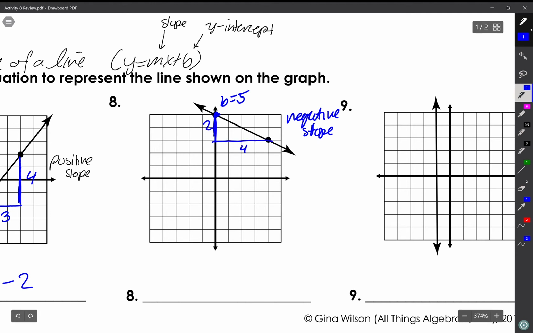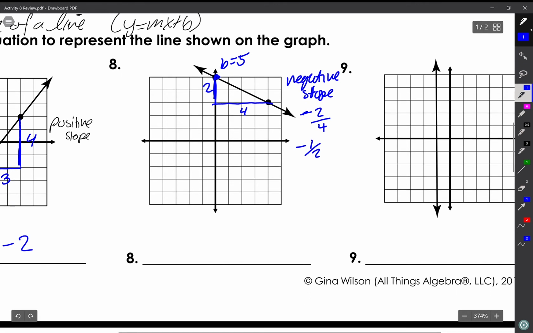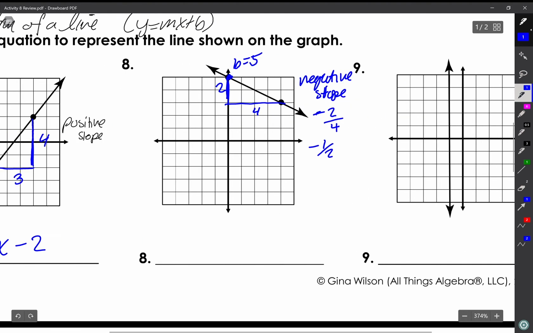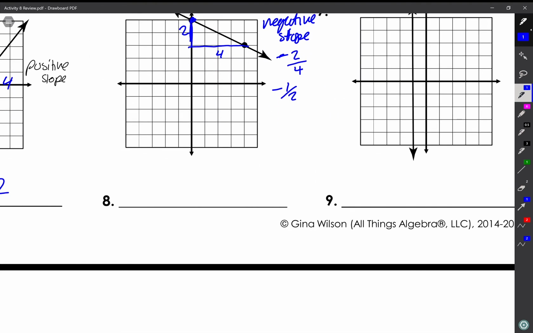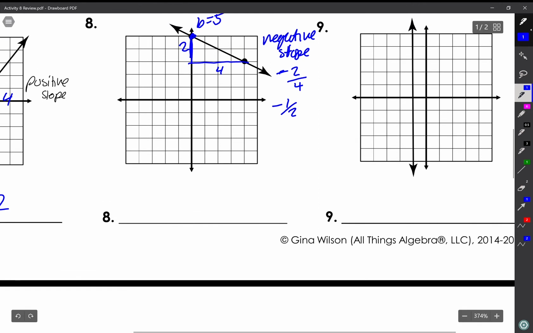So the slope is going to be -2 over 4, but we can simplify that, right? That'll simplify to -1/2. Remember, we want to make sure we're simplifying to the simplest form possible. So my m is equal to -1/2. So my equation of the line in slope-intercept form is y = -1/2 x + 5.